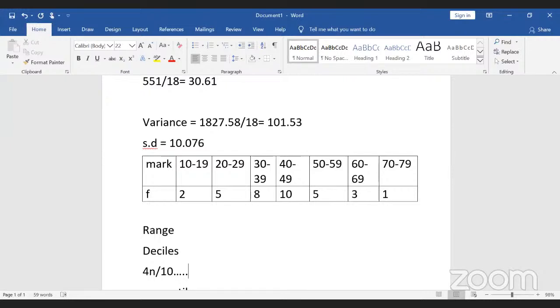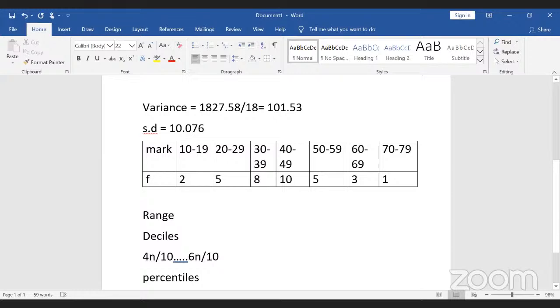So that tells you we will use the same formula we were using yesterday: L plus something times n over 2 minus CF over F times I is the same formula. But now because we are talking about a decile, we say 4 times the number of items we have, then we divide that by 10. So the sixth decile therefore would be 6n over 10.